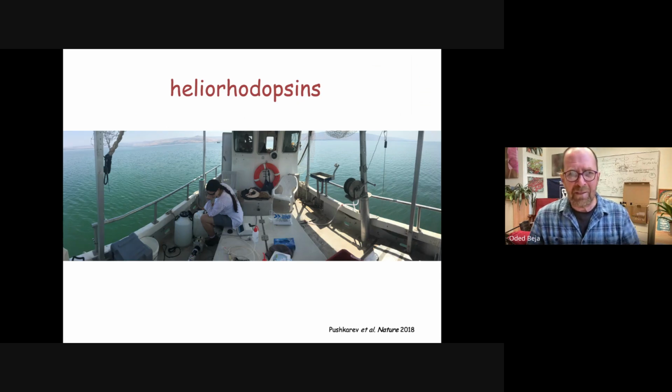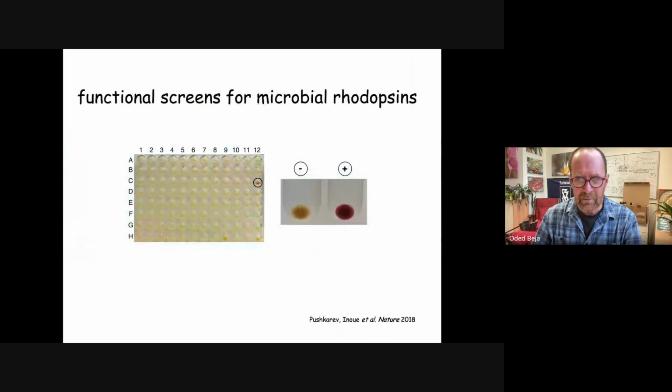So this was a brief introduction, and now to different discoveries from my lab. Here we are doing sampling in Lake Kinneret, the Sea of Galilee. And here we are using just E. coli that would become pigmented in order to find the positive clones.